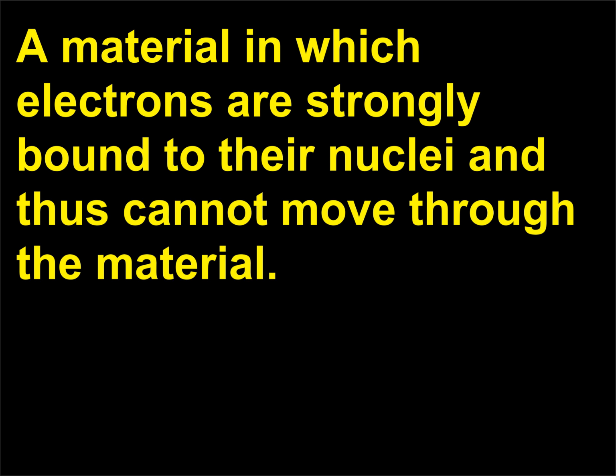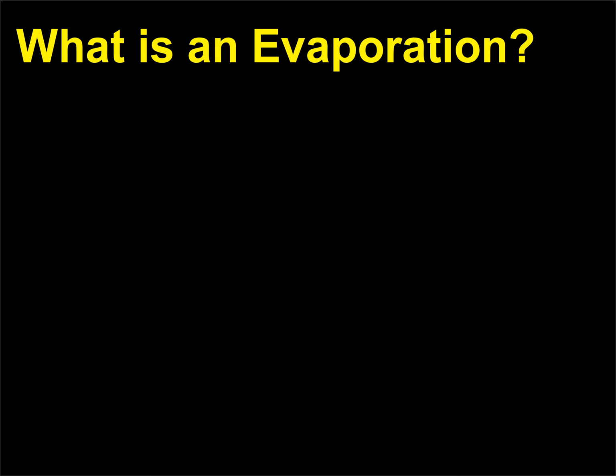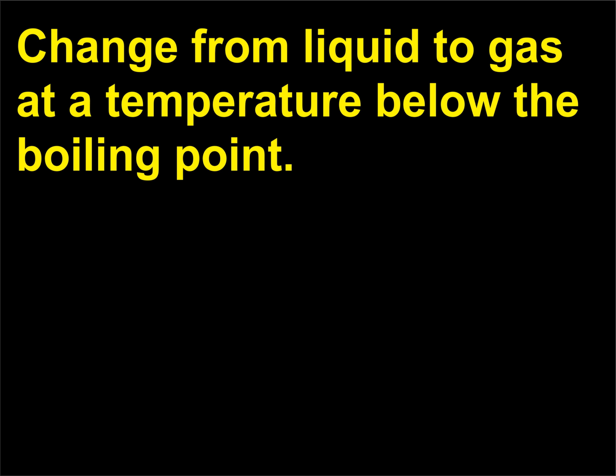A material in which electrons are strongly bound to their nuclei and thus cannot move through the material. What is evaporation? Change from liquid to gas at a temperature below the boiling point.